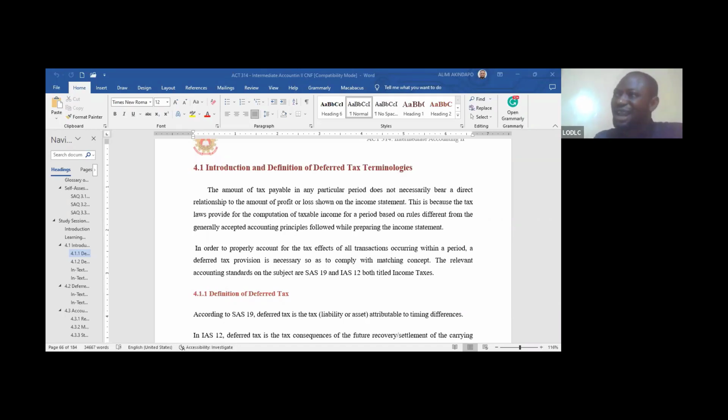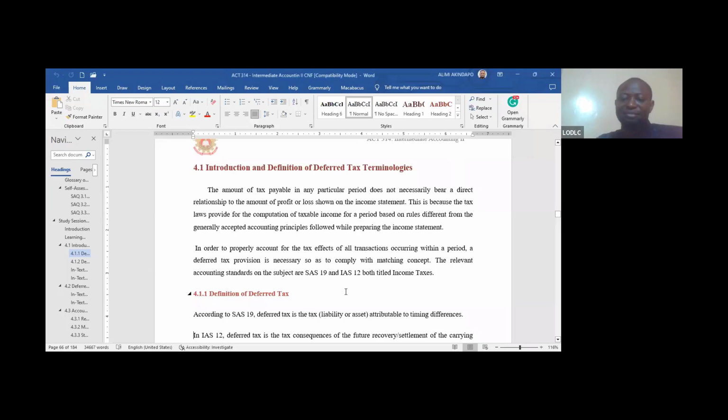And IAS 12 gives a comprehensive definition of deferred tax. Deferred tax refers to either a positive asset or a negative liability entry on a company's statement of financial position regarding the tax that is owed or overpaid due to temporary differences.